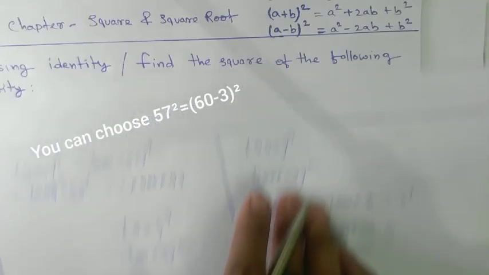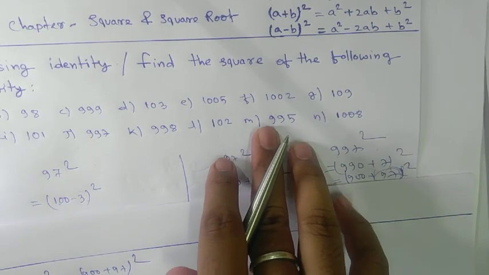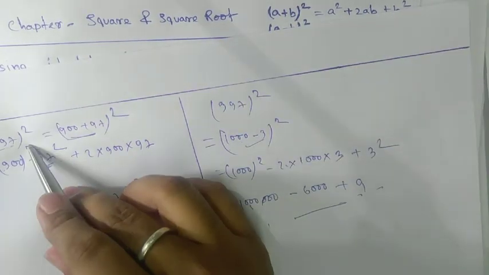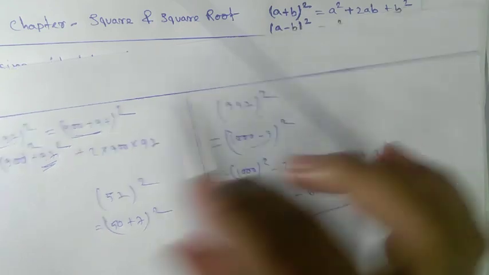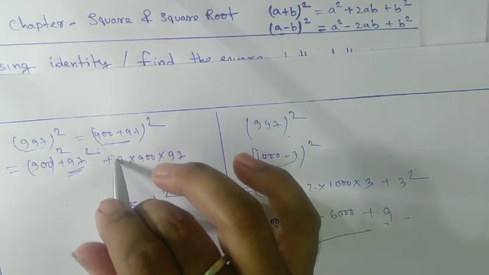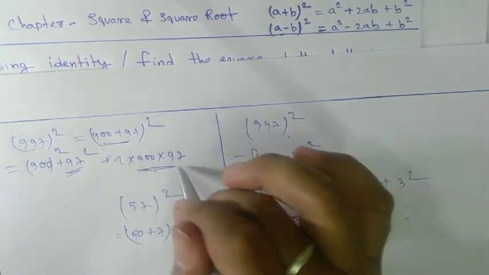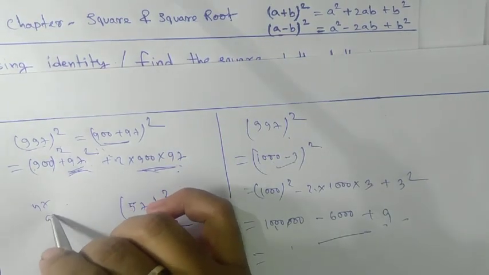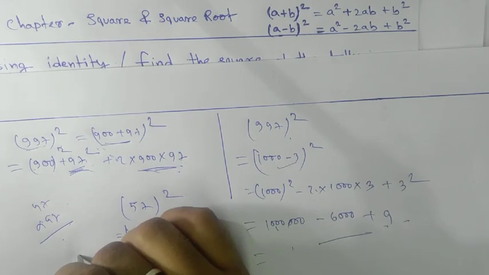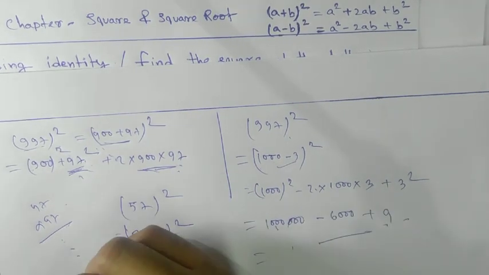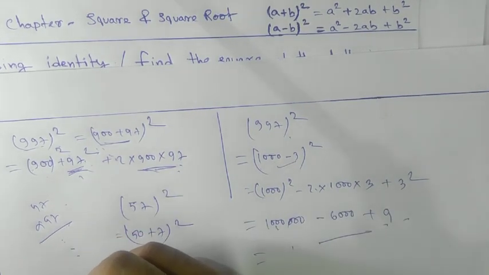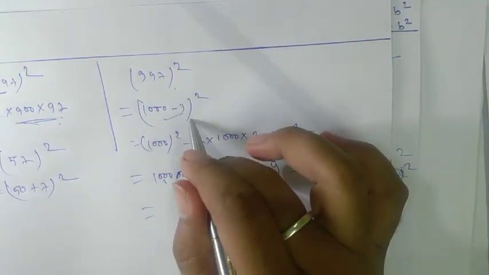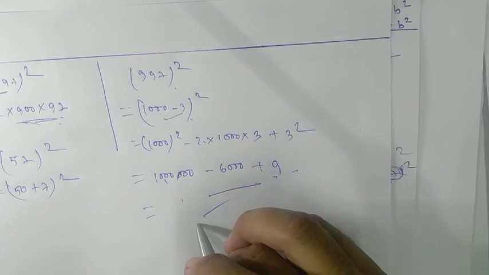But when you get this type of problem, you need to choose cleverly which one, this one or this one. If we choose this one, you have to do lots of work. You need to multiply 97 into 97 roughly, then get the result and put it here. It will take lots of time. But if we choose this one, 997 broken in this way, then you can easily get the answer.